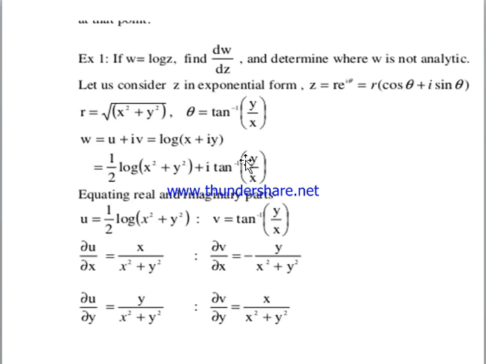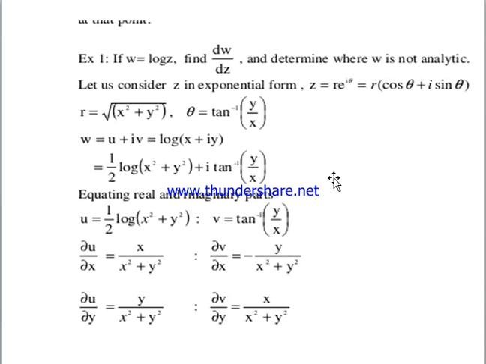One small example: if w equals log z, find dw/dz and determine where w is not analytic. To check whether the function is analytic or not, we need to check the CR equations.